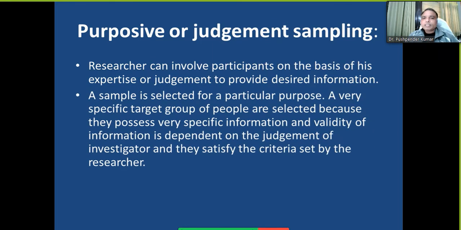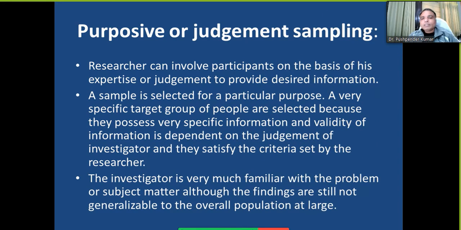A sample is selected for a particular purpose. A very specific target group of people is selected because they possess very specific information, and the validity of the information depends on the judgment of the investigator, and they satisfy the criteria set by the researcher. The investigator is very much familiar with the problem or subject matter, although the findings are still not generalizable to the overall population.